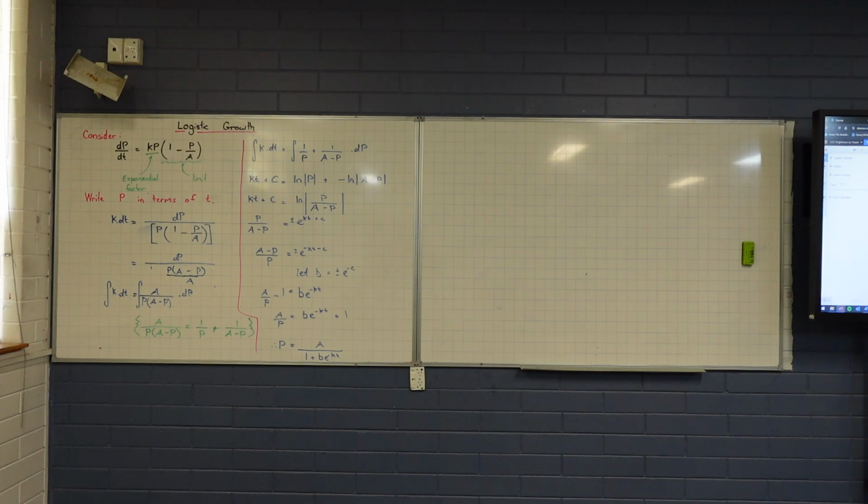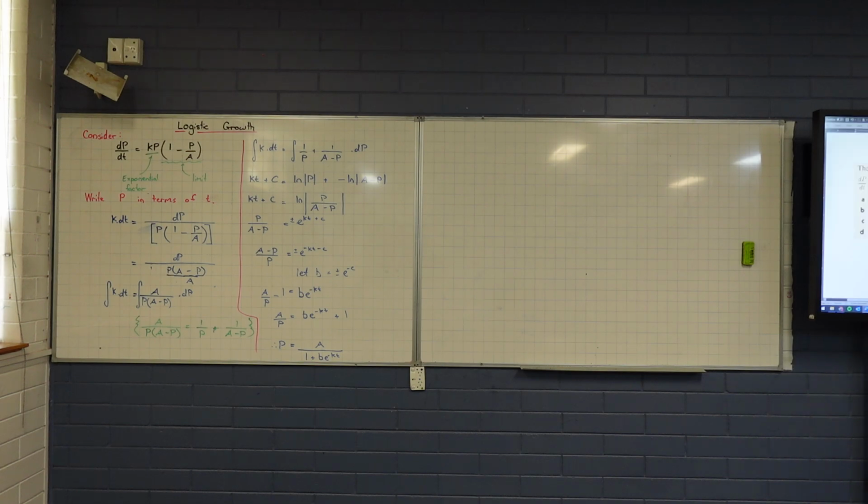In this case, the limiting factor is going to be there. Is that cool? So there's an asymptote. Does that make sense?